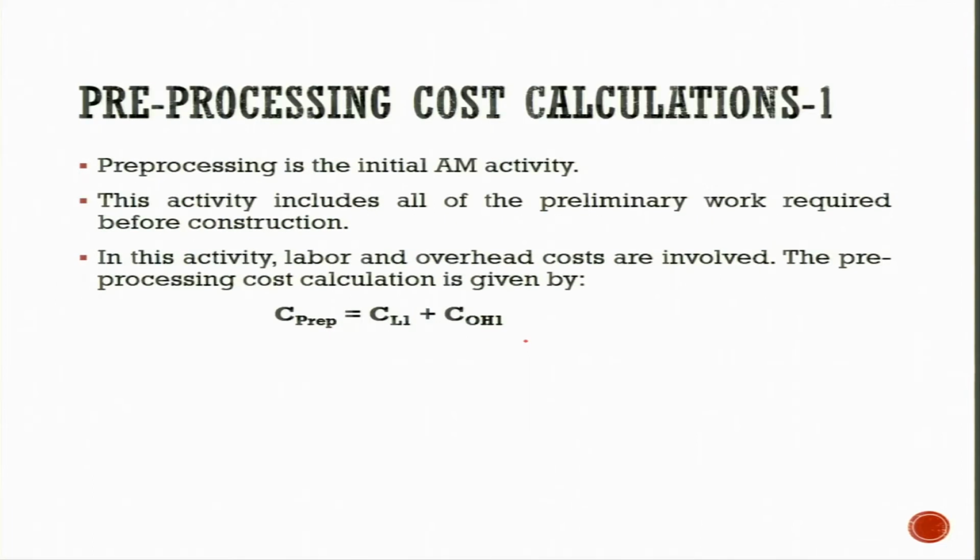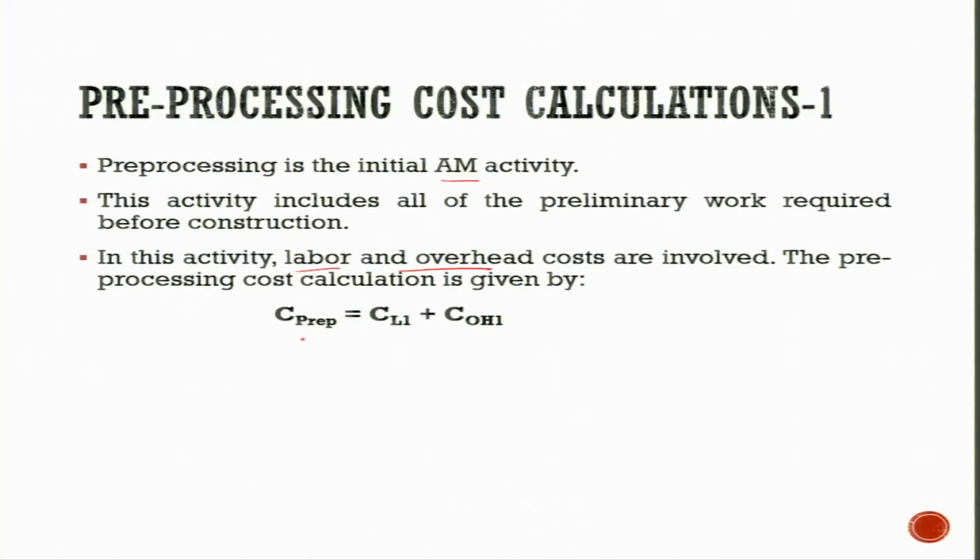Now, there are certain calculations for the pre-processing cost, for the processing and the post-processing cost. Let us first see the first calculation that is given here. Pre-processing is the initial additive manufacturing activity. This activity includes all of the preliminary work required before construction. In this activity, labor and overhead costs are involved.